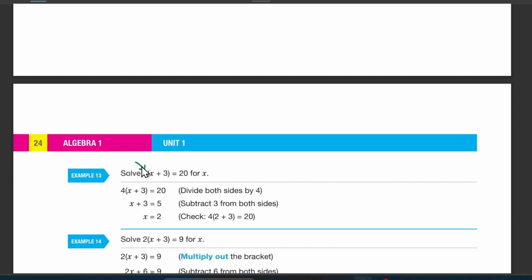So the first thing is getting rid of this 4. So to do that, I have to divide both sides by 4. So now I get x plus 3 equals 20 divided by 4 is 5. So that's x equals 2.